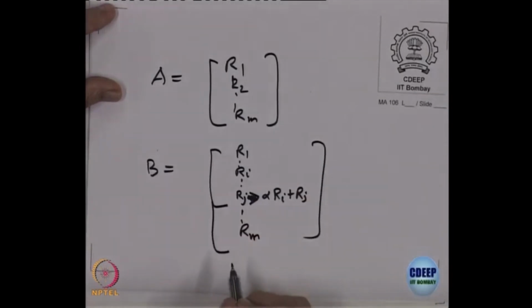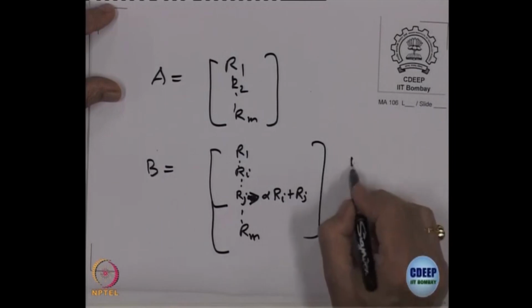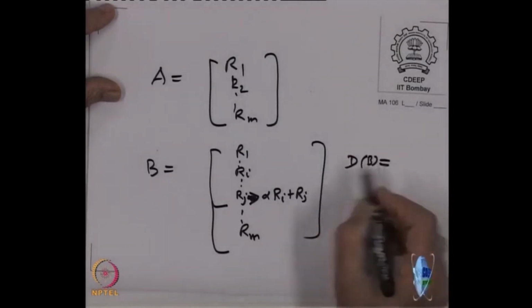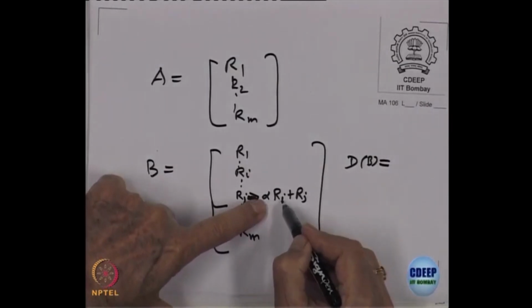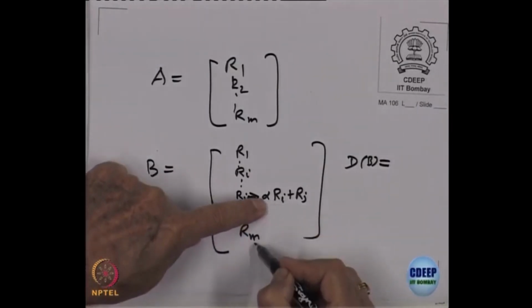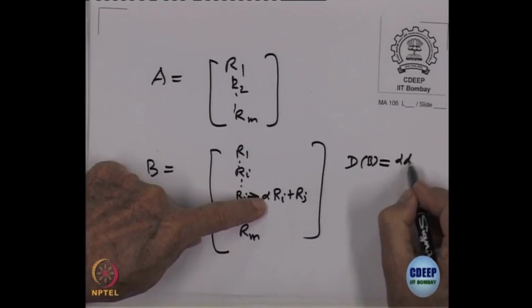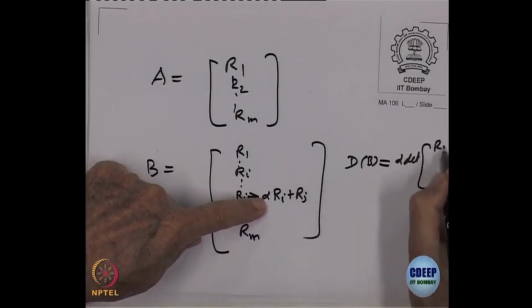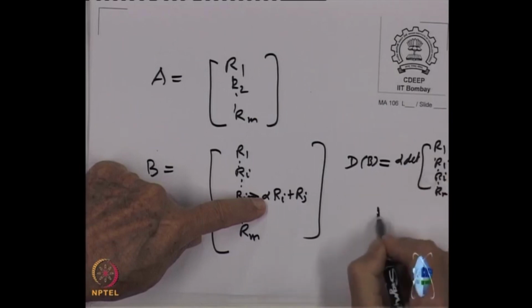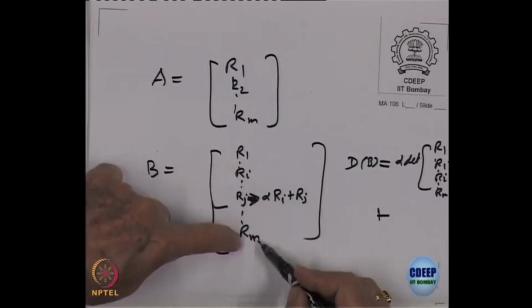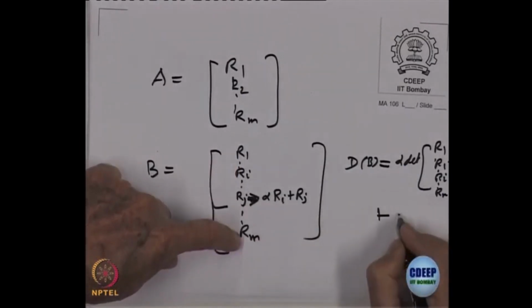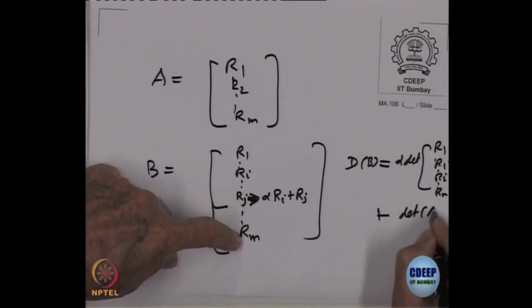This is the new matrix B. So what will be the determinant of B? It will be alpha times the determinant of R1, Ri, and again Ri at the jth place, up to Rm, plus the determinant of R1, Ri, Rj, Rm. That is the determinant of A.